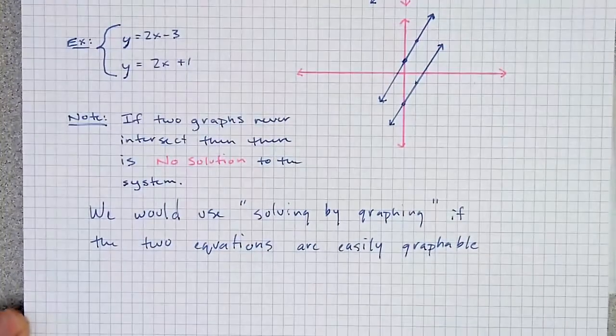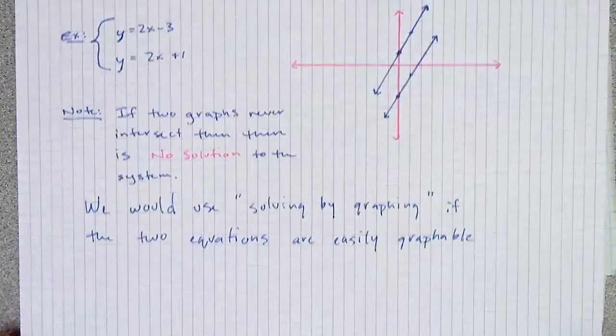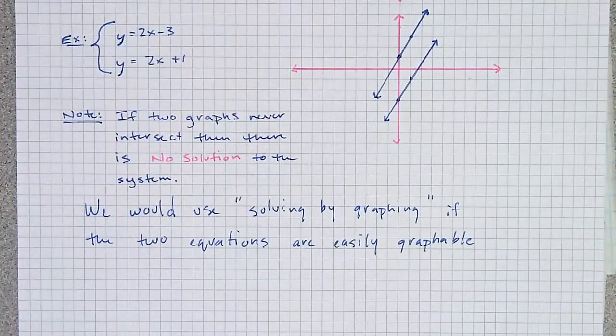I don't know. It is now. So we'd really only want to use this if we were able to graph. If we got a really complicated equation that wasn't easily graphable, we wouldn't want to try and figure it out. We still could.